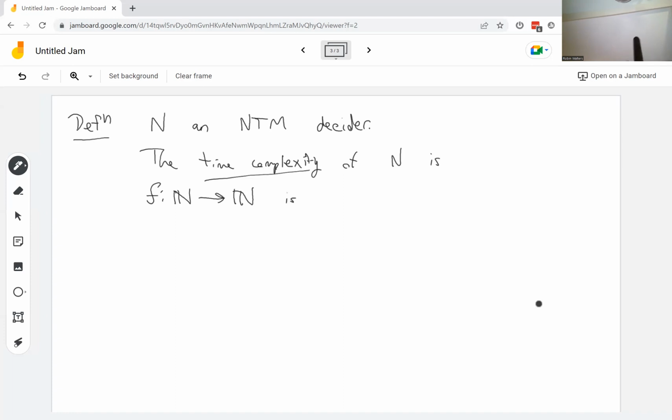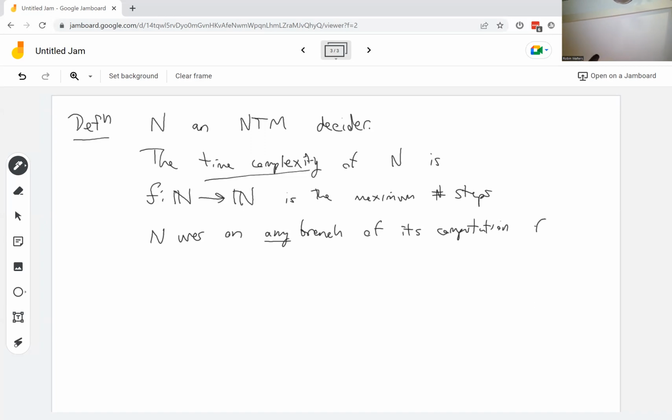And it is defined to be the maximum number of steps N uses on any branch of its computational tree for any input w of length equal to n.